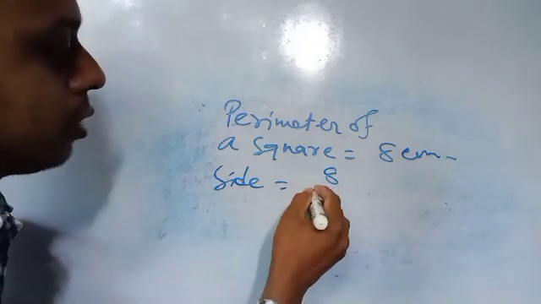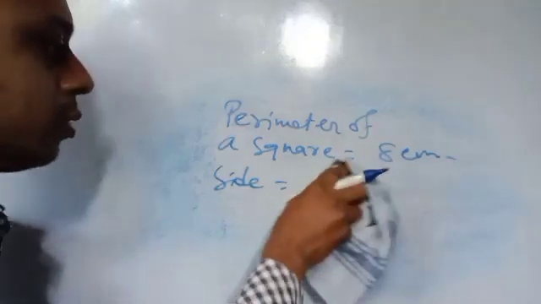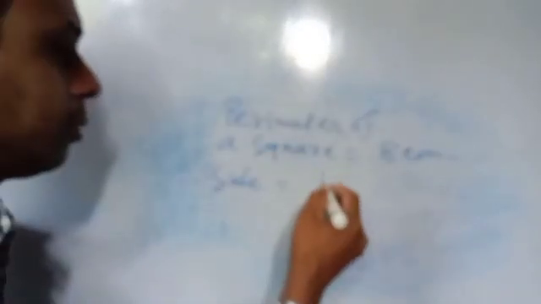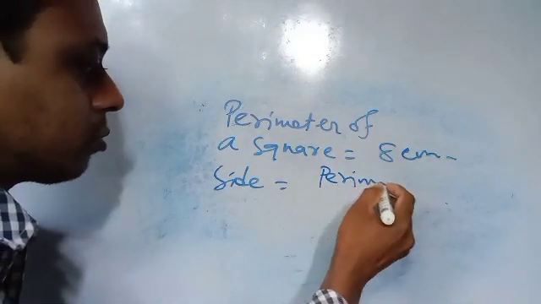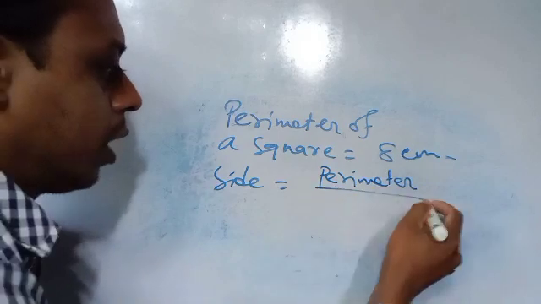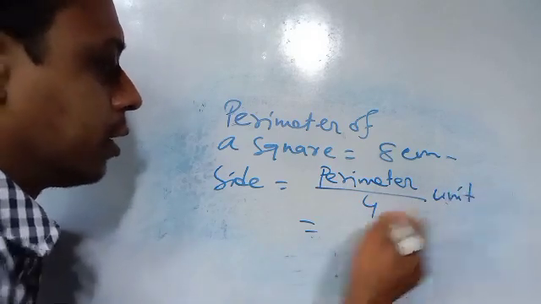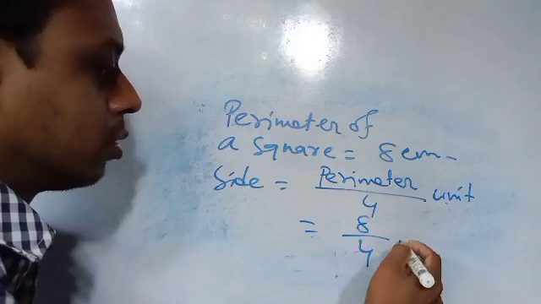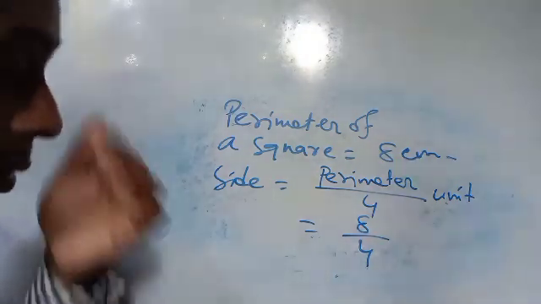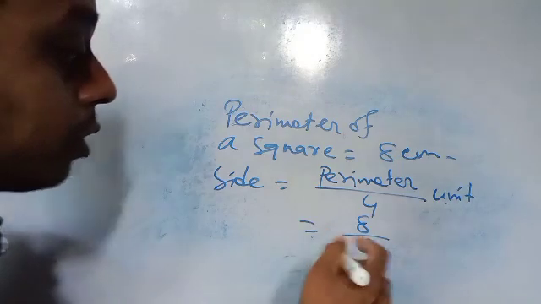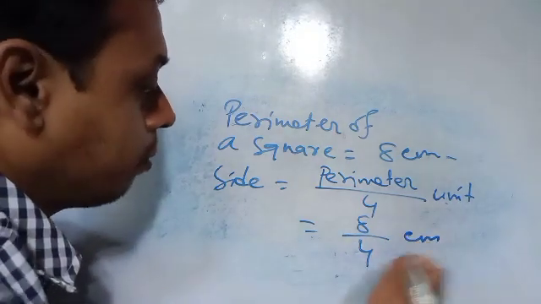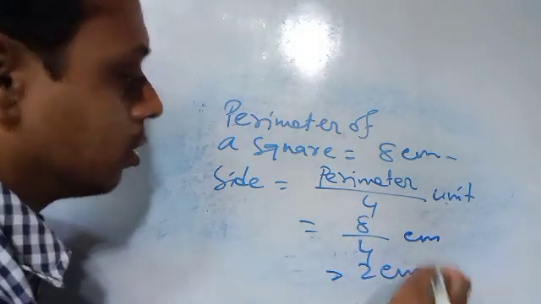Side is equal to perimeter by 4, that is 8 by 4, because the 4 sides are equal. If you divide the total perimeter by 4, you will get one side, that is 2 centimeter.